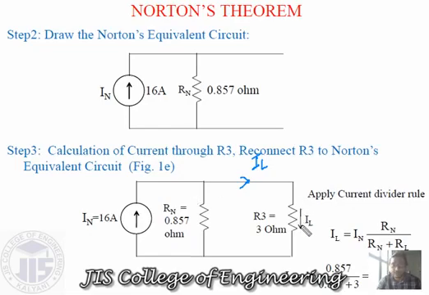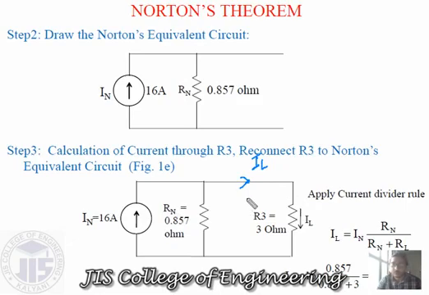If our aim is to find this IL amount of current by applying the current dividing rule, then IL is nothing but IN, the current which is getting divided, multiplied with the other branch resistance. This IN amount of current is going to divide among this RN and this R3 resistance.